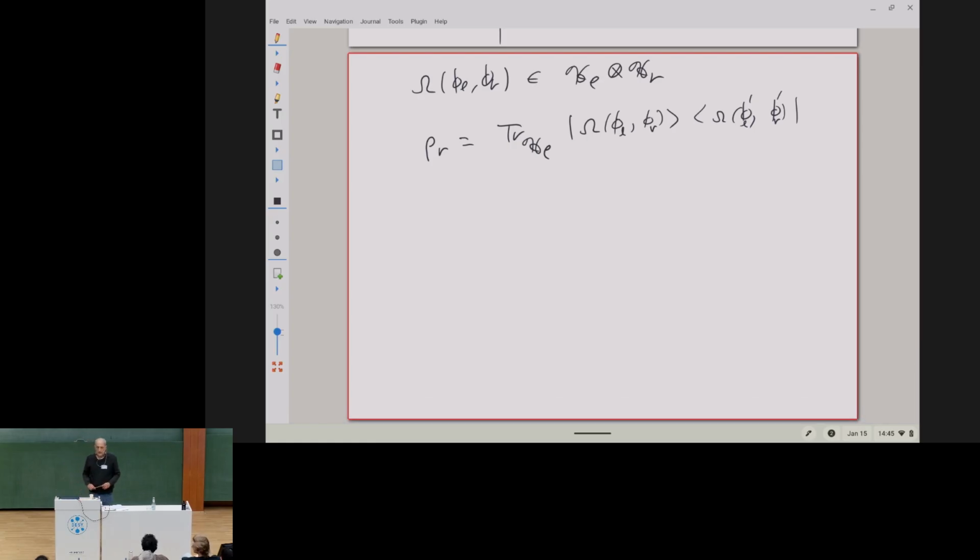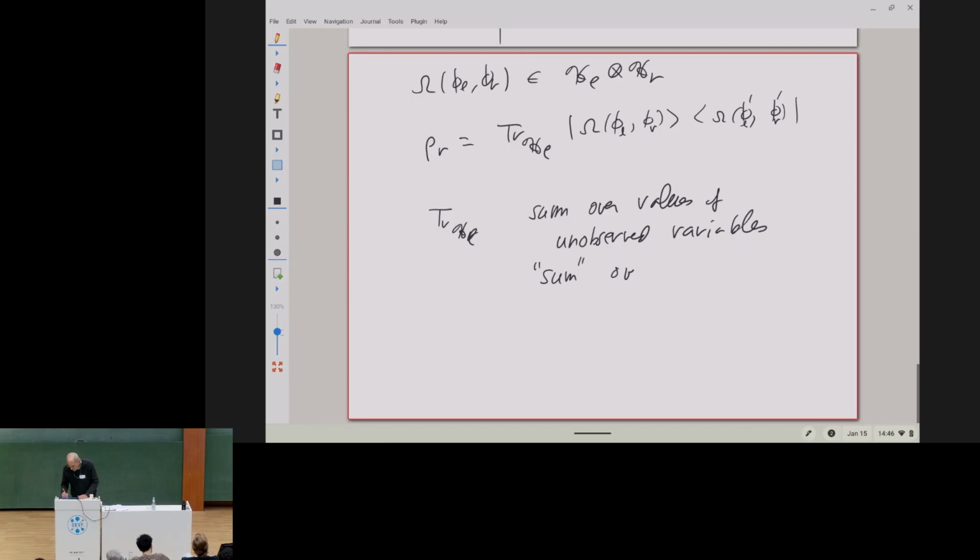Well, how do we take the trace over H left? What it means to take the trace over H left is that we sum over unobserved states or unobserved variables. We sum over the values of unobserved variables. Well, what will be unobserved is phi left. So we sum, which will mean integrating over the value of phi left.